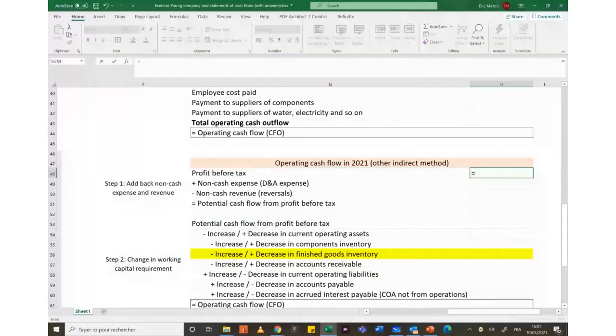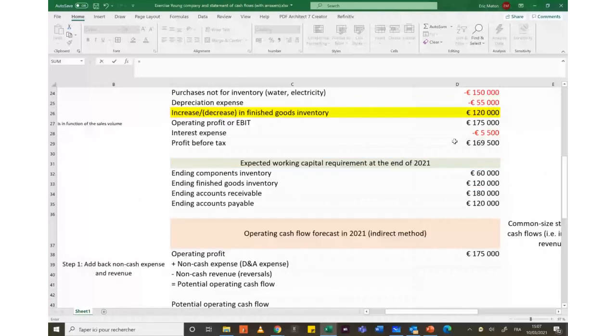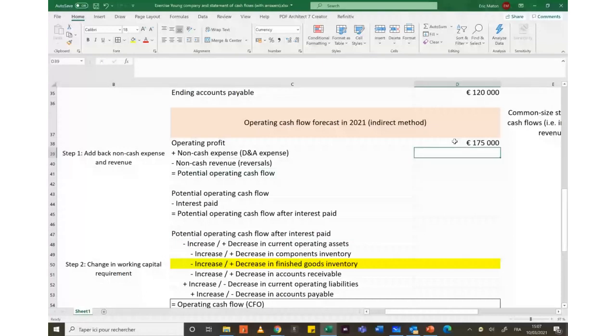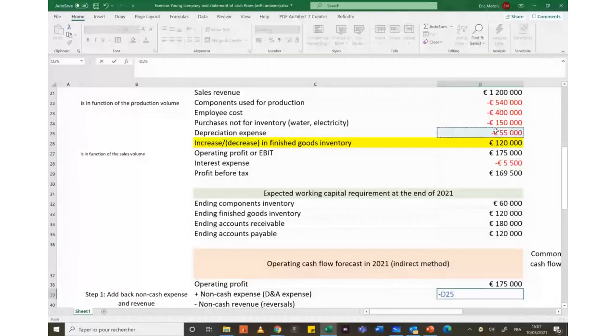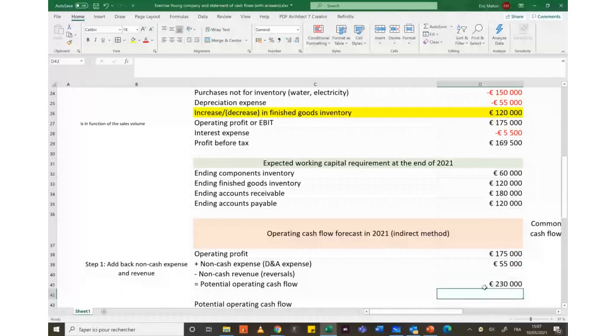So the starting point can be the EBITDA, the EBIT, the profit before tax, or the net profit if we have income tax. If we start from the operating profit, we need to eliminate the non-cash expense. The non-cash expense is the D&A expense, 55,000. We don't have non-cash revenue, so the potential operating cash flow is 230,000.